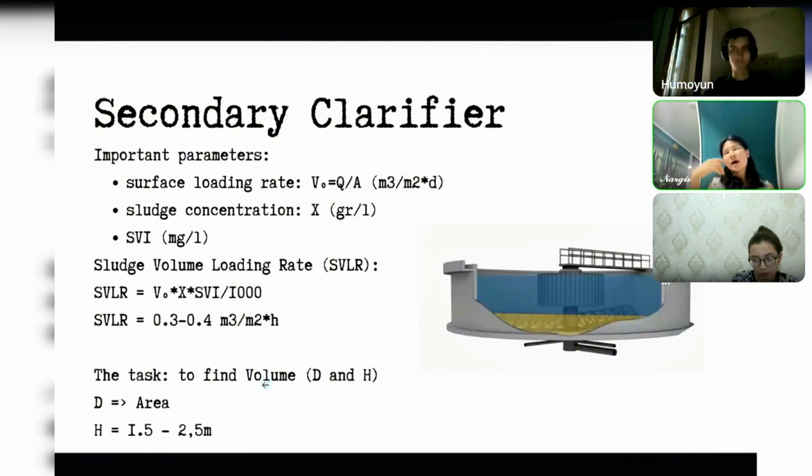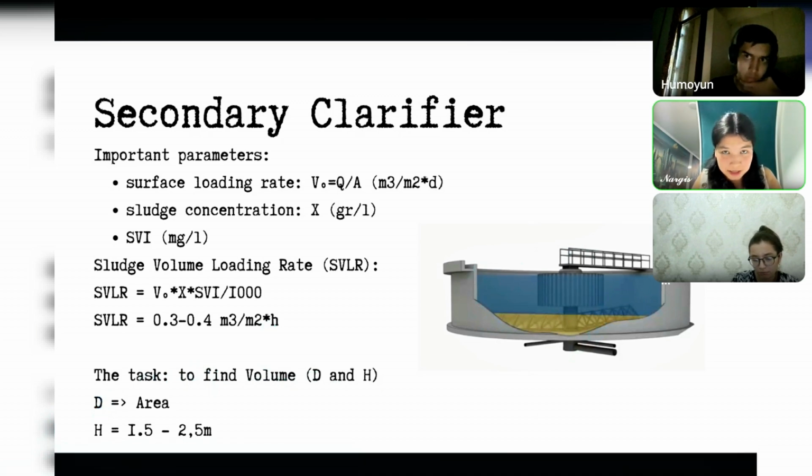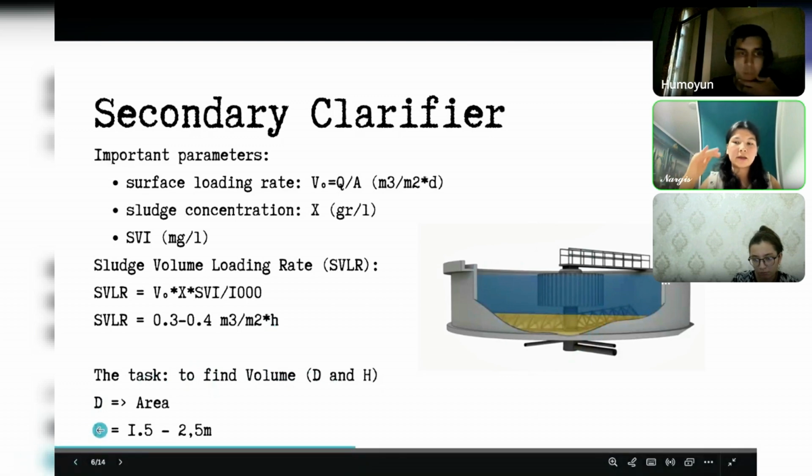So I guess Ahmad Khan, Gulyara, and Sevinch have already done some tasks on finding volume of primary settlers, right? Primary sedimentation tanks. And it's something slightly similar, maybe a lot similar to this. So usually, in order to find the volume, the only thing that you need is diameter, meaning from which you can find the radius, and the height of the tank.